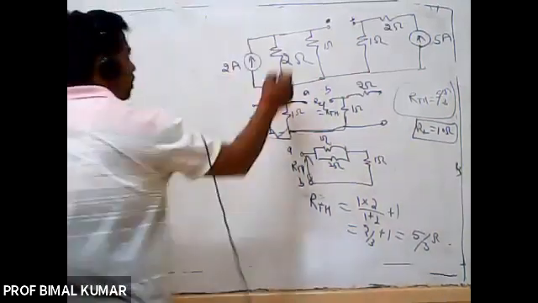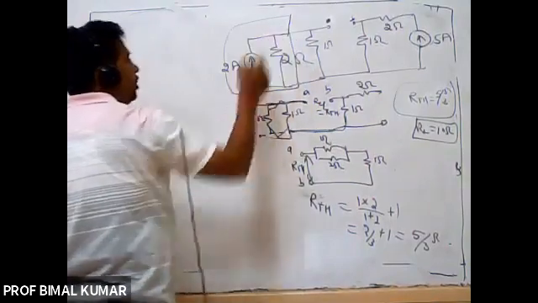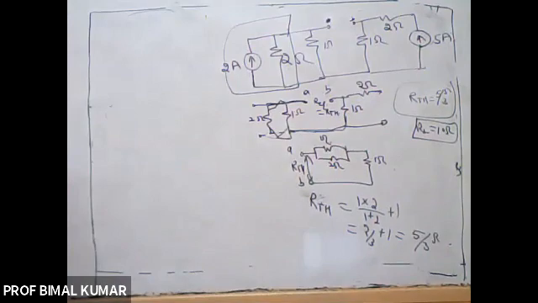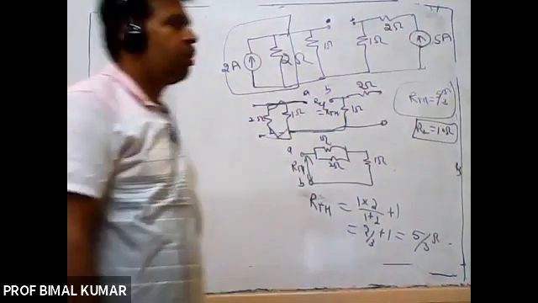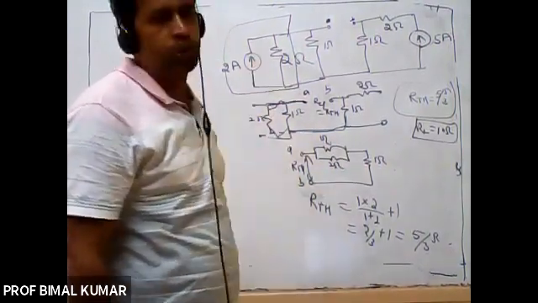Now see here, if you see this current source is in parallel with the resistance. Current source is in parallel with resistance. So this may be converted into voltage source.